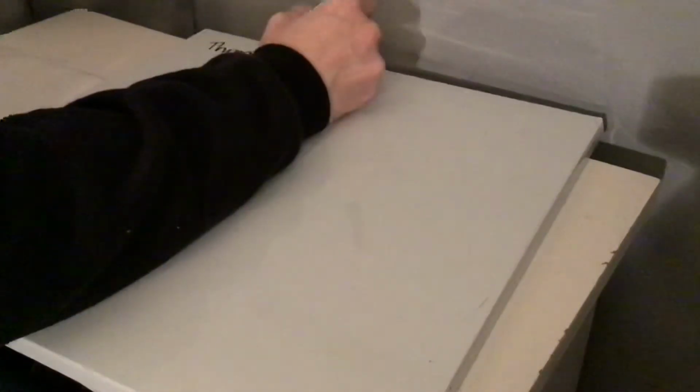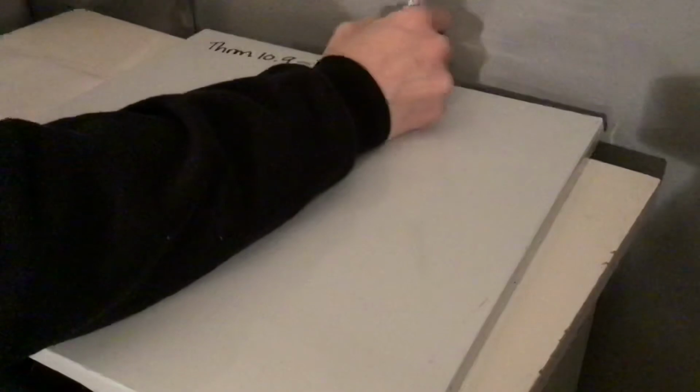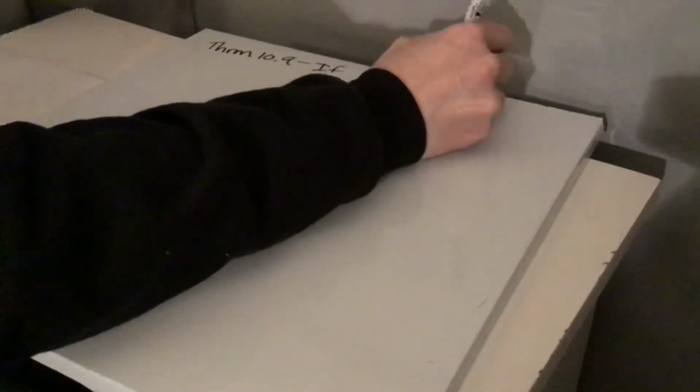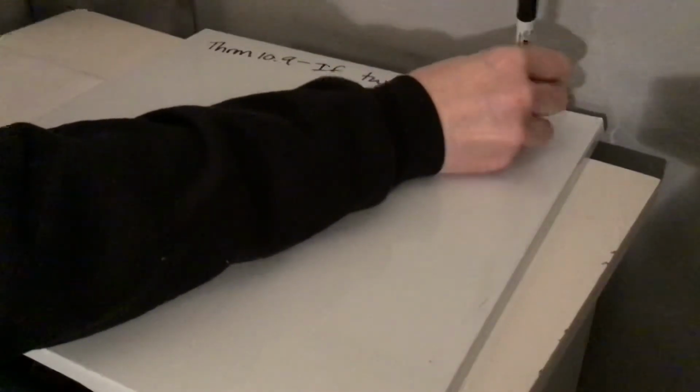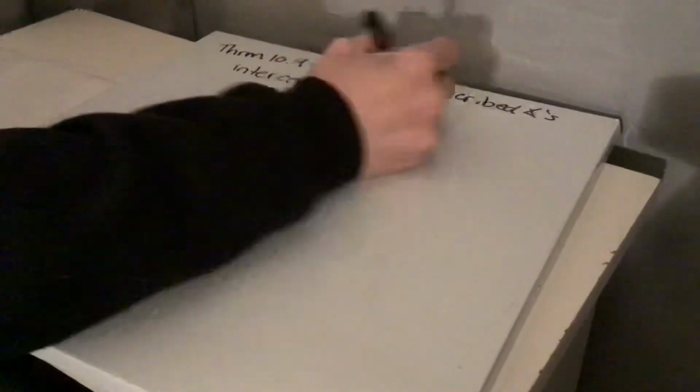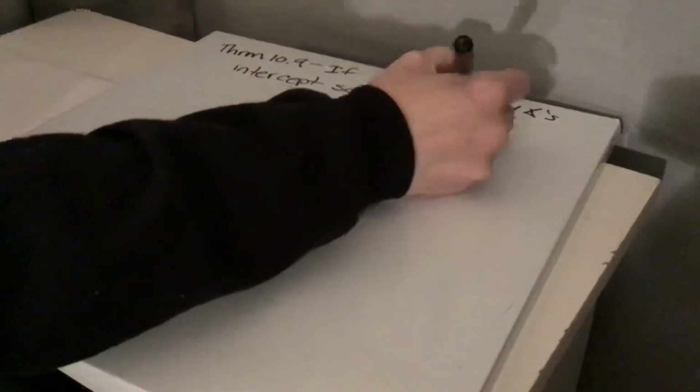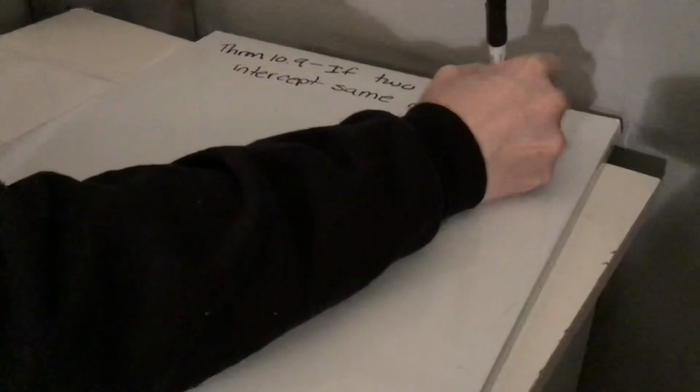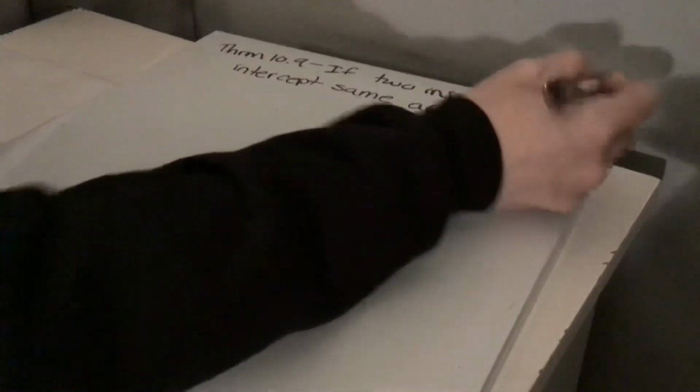So it tells us theorem 10.9 that if you have two inscribed angles, and they intercept the same arc, then the angles are congruent. Kind of what we just saw, right?